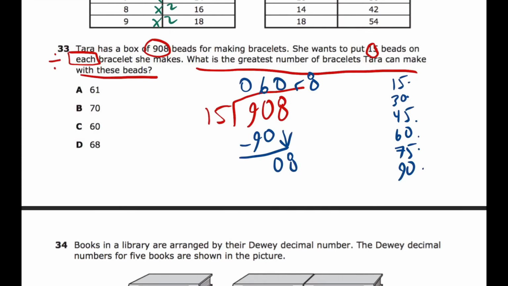I have enough beads for 60 bracelets, or Tara does. But Tara does not have enough beads for 61 bracelets because we have just this remainder, this fractional part. So she does have enough for 60, does not have enough for 61. So how many bracelets can she make? She can make 60 bracelets.